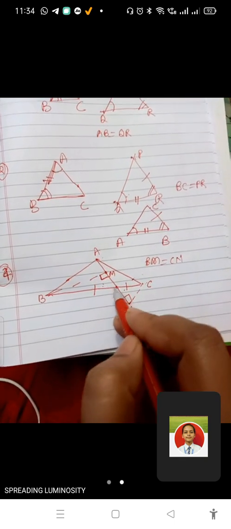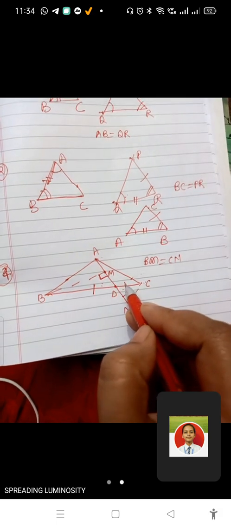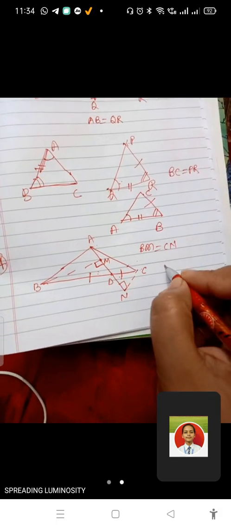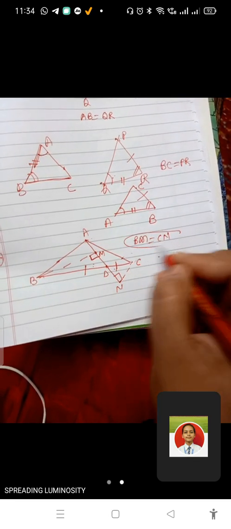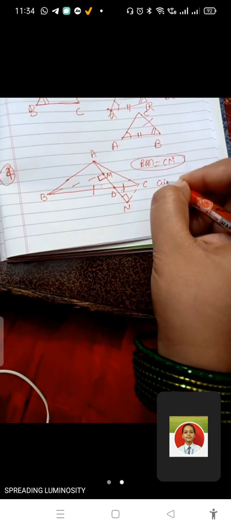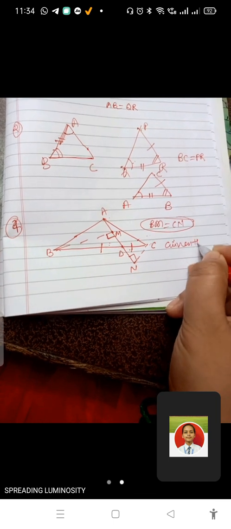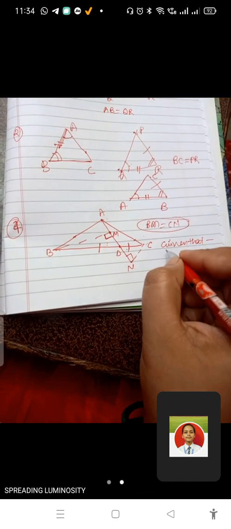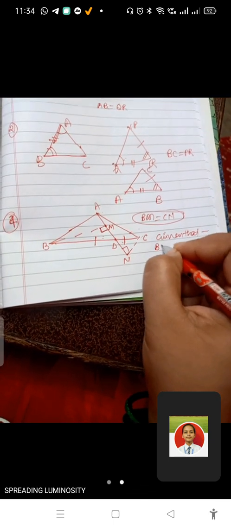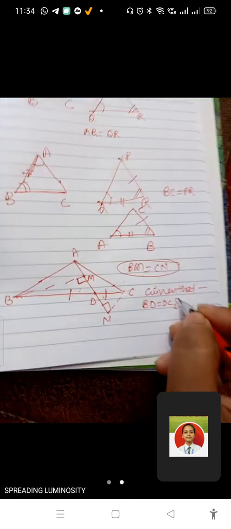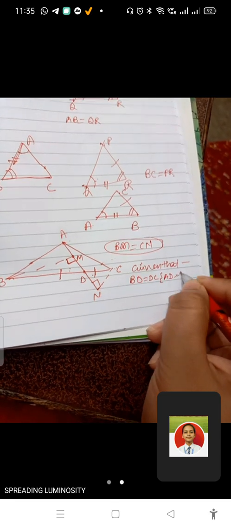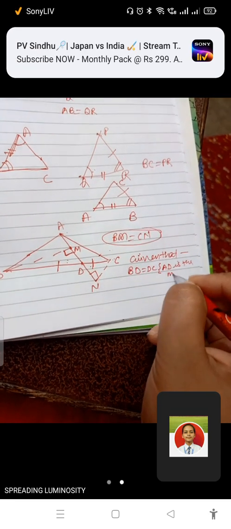It means that AD divides this BC into two equal parts. BD is equal to DC. Given that BD is equal to DC, what reason will you write? AD is the median.